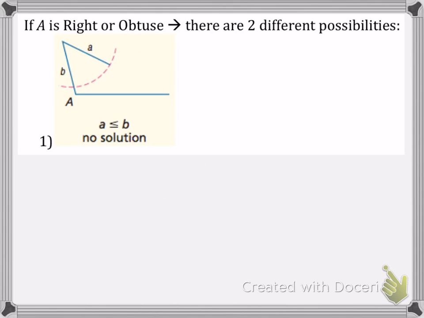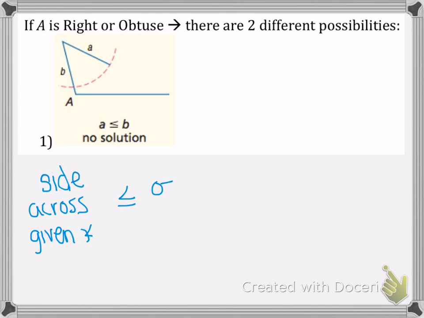Now, if my given angle is either right or obtuse, then I only have two possibilities. One, if the side across from the given angle is less than or equal to the other side, then I have no solution.